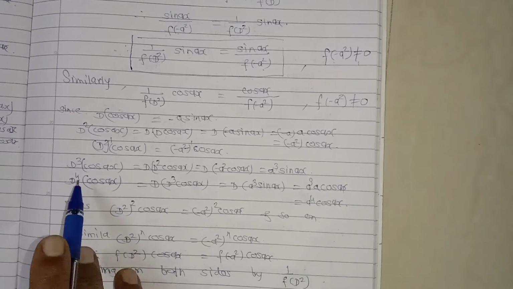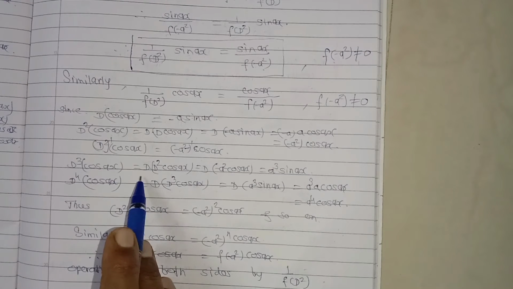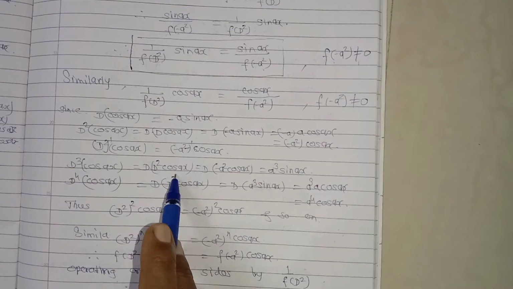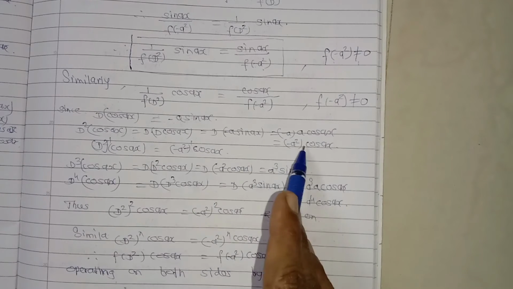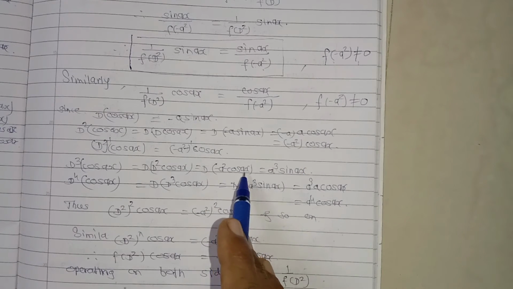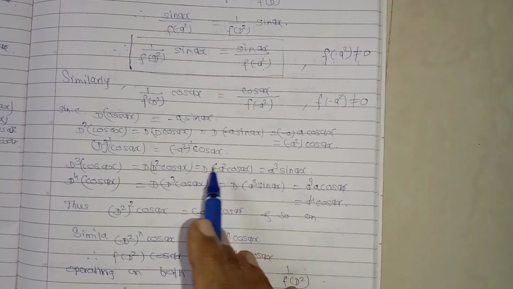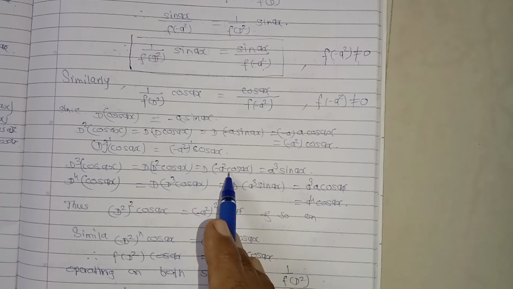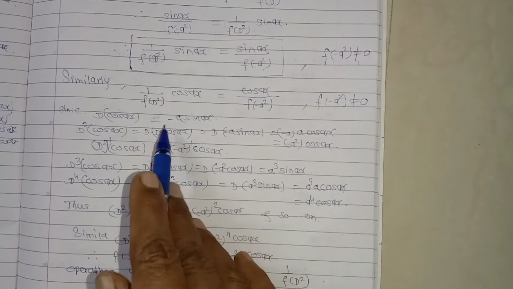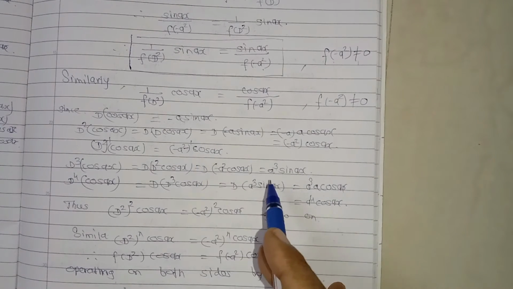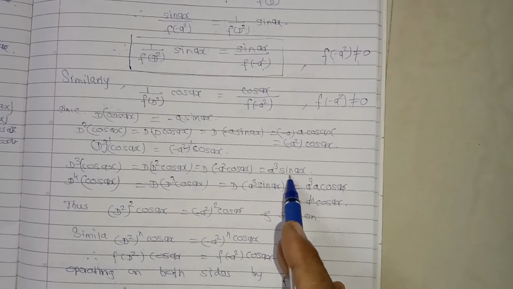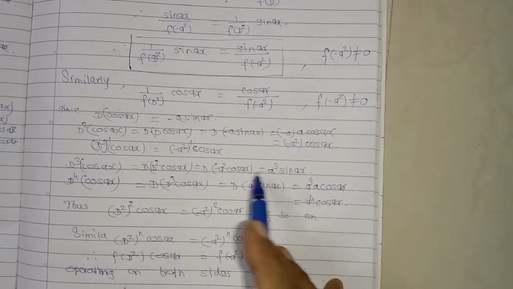Now we find d cube of cos of x equal to d of d square of cos of x, equal to d of minus a square cos of x, equal to minus a square into d of cos of x, which is minus a sin of x. So we get minus a square into minus a, that is a cube sin of x, since the derivative of cos is sin.